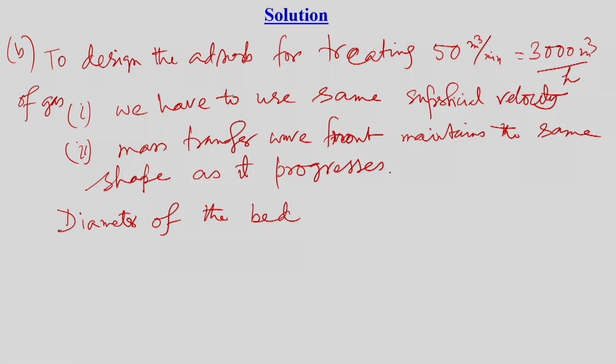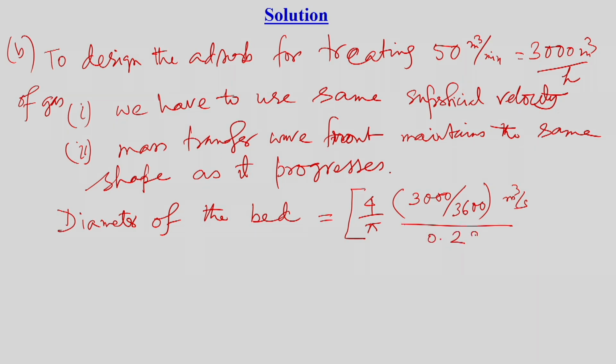It will be like this: (4 / pi × 3000 per hour, that is meter cube per second, / 0.29 meter per second) to the power half. So, that is coming out as 1.91 meter. So, that is the diameter of the bed.